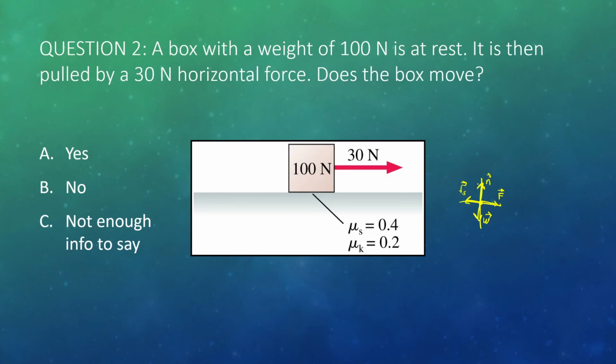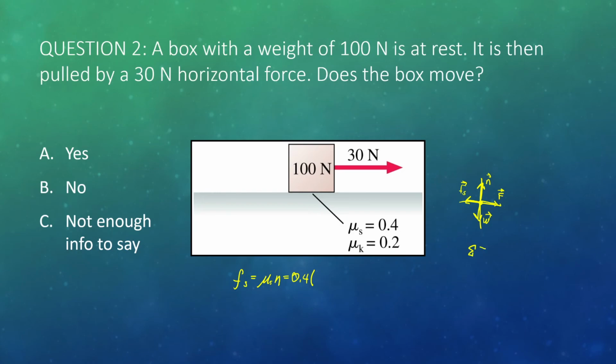So it asks, does the box move? Well, think about that. We're basically just wondering, how big is that friction force Fs? We know that it's equal to mu times N. Well, mu s is given to us in the picture as 0.4. And then the normal force N is related to the weight.